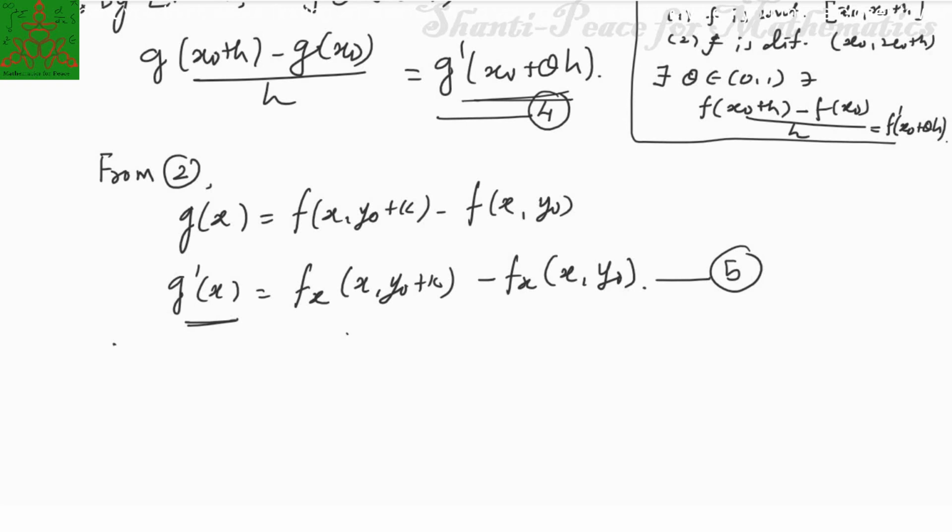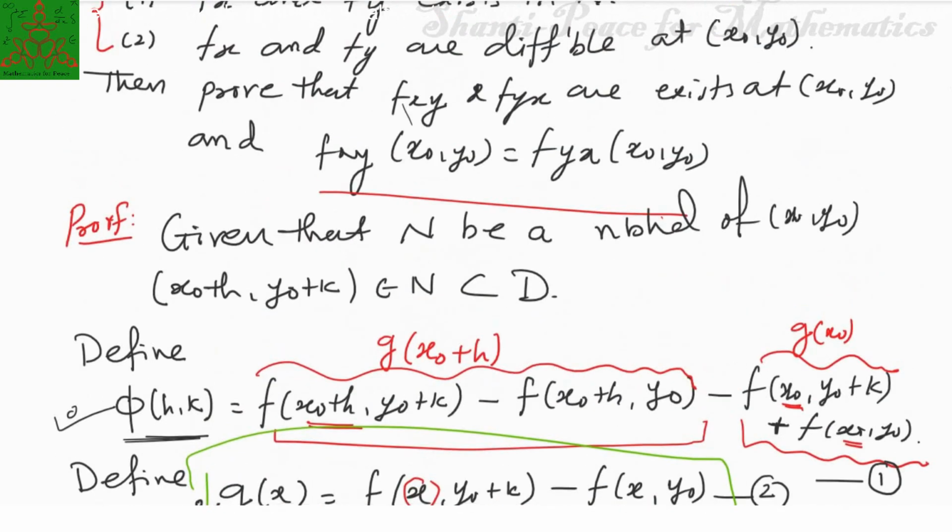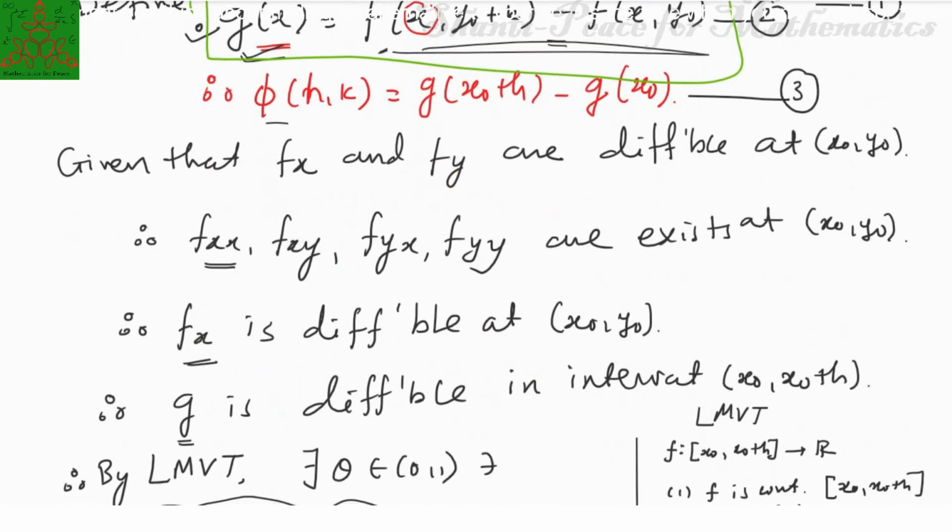On this side, the numerator that we have from equation 1 is this phi of hk. So in equation 3 we have written phi of hk is this.